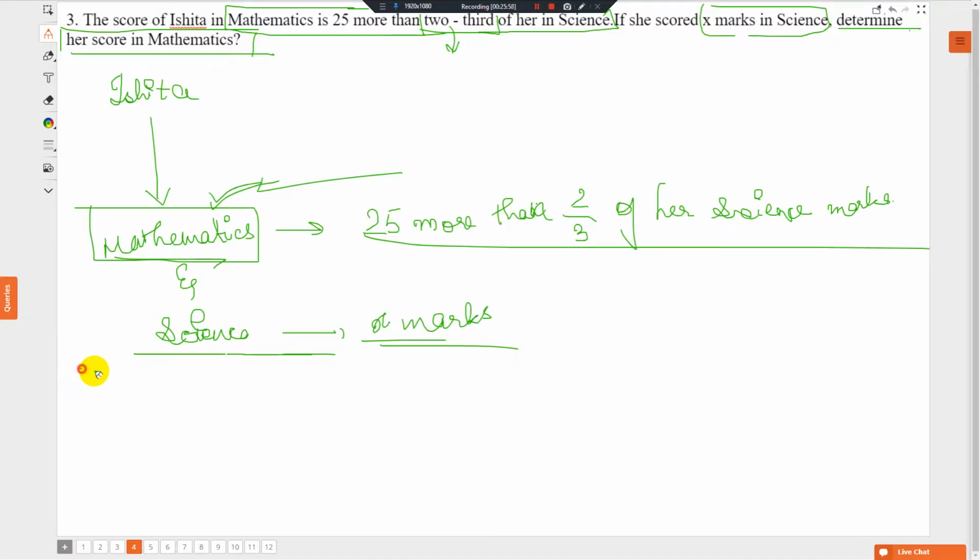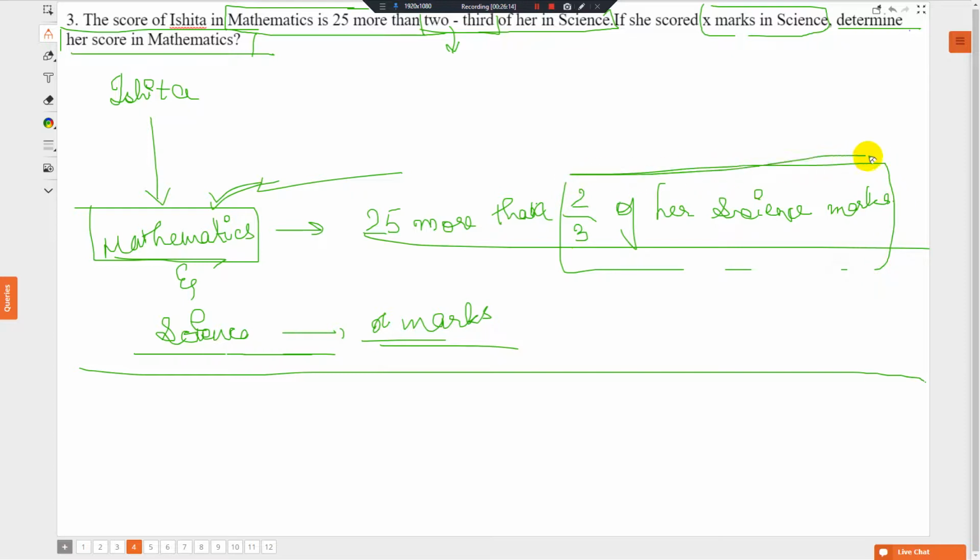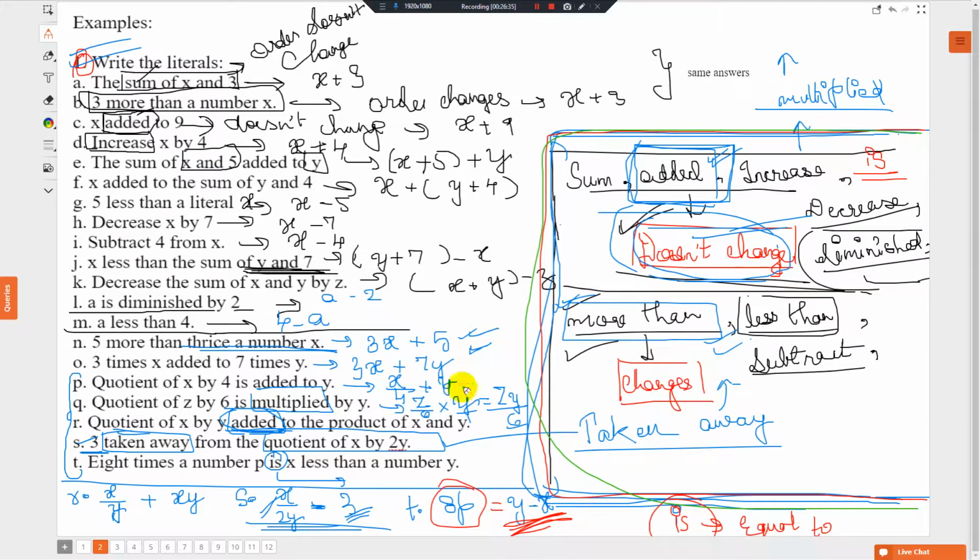So in that case, what we do is: 25 more than two-thirds of her science marks. First I try to find the two-thirds, the easiest part actually. Two-thirds of her science marks will be 2 by 3 x. And see here, "more than" changes.